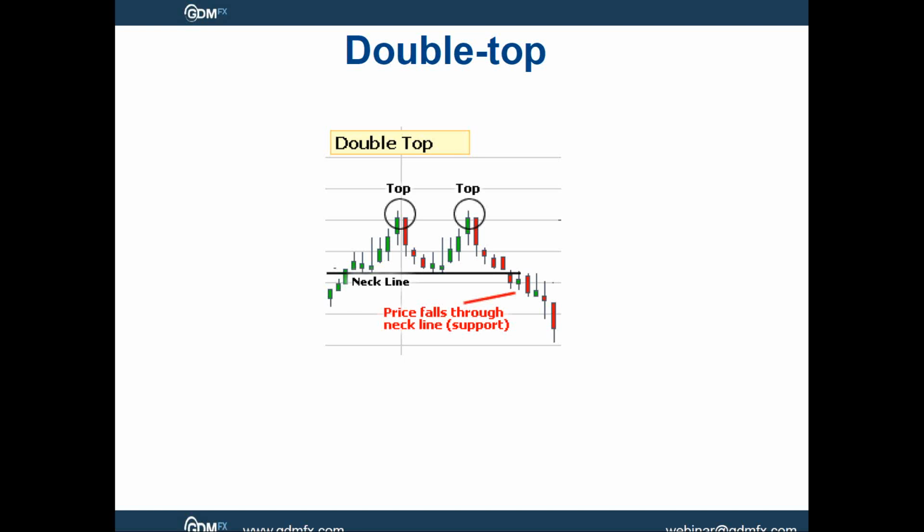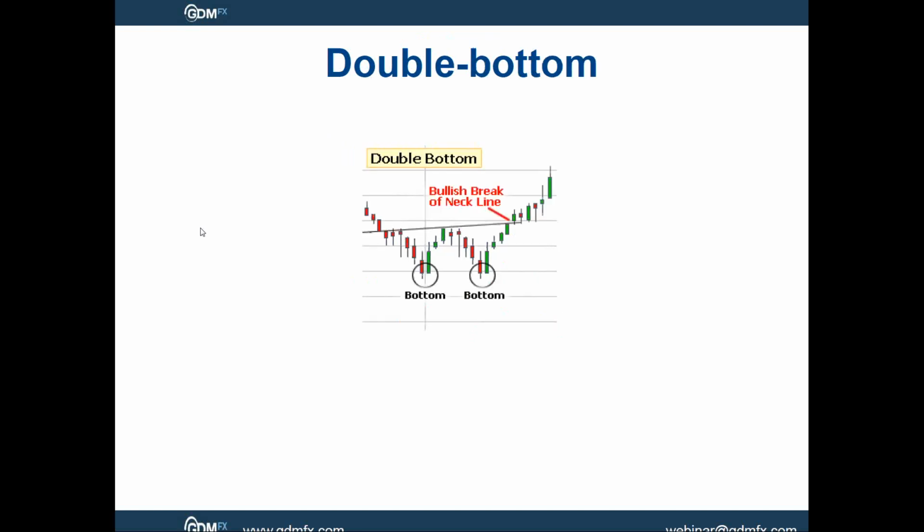These chart patterns will often look like the letter M for a double top formation, the one that you see right now, and the letter W for a double bottom, the one that you see right now.